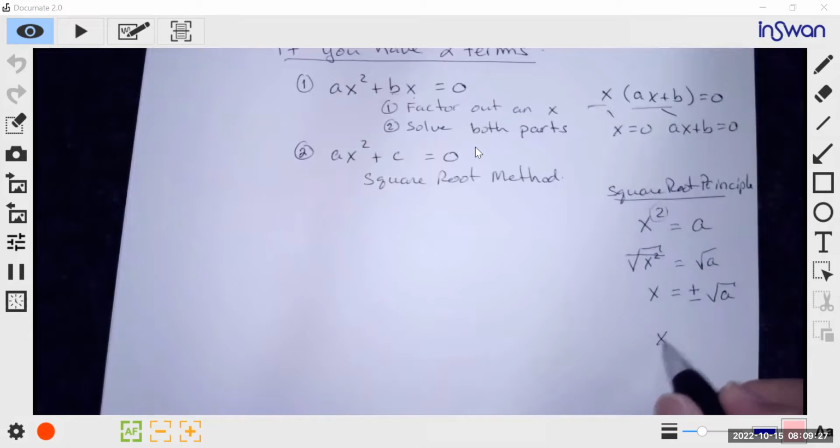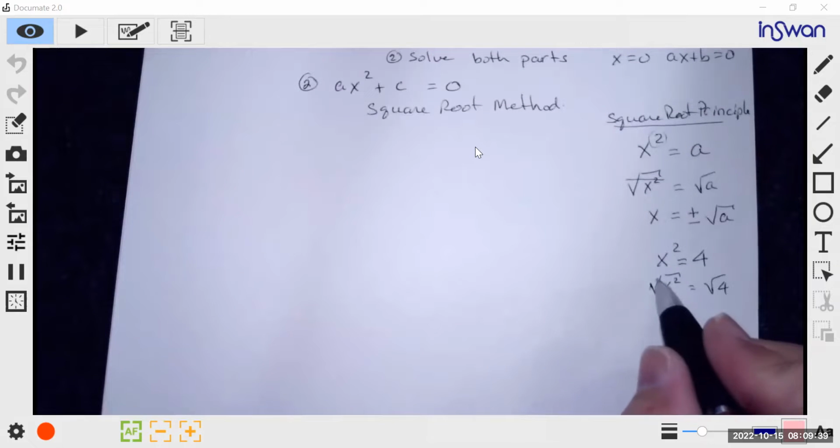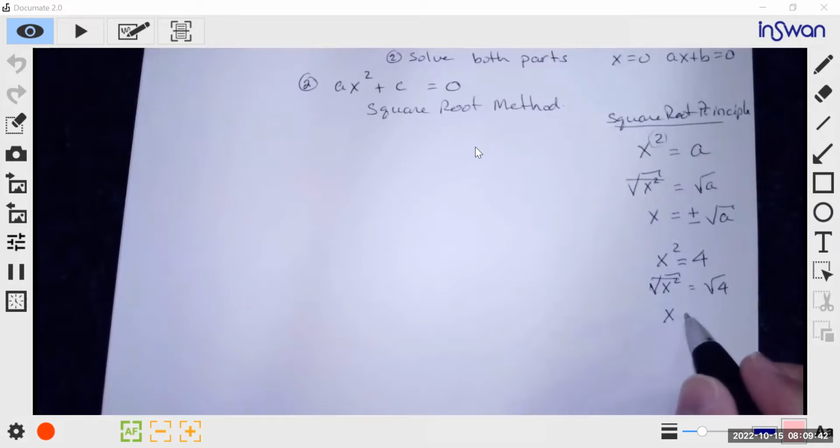Example, if x squared equals 4, we square root both sides. The square root and the square cancel. Then it's going to be a plus or minus square root of 4, which is 2, because 2 squared equals 4, that satisfies that.